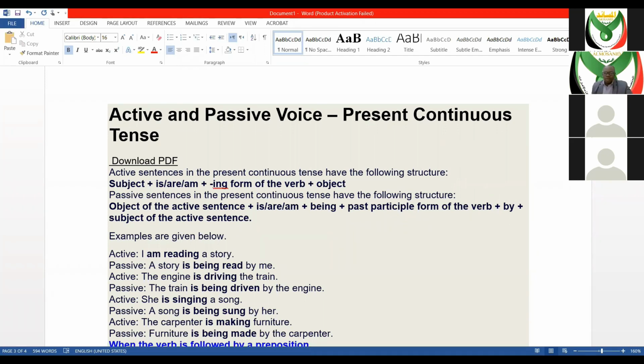That means you are saying that we use the present continuous tense to express actions that are happening around the moment of speaking. Is it right? Yes. Great job. Thank you. Who is it? Who is talking? إخلاص. Great job, Ikhlas. Thank you so much. Yeah. What else? Who else is going to give us a definition?